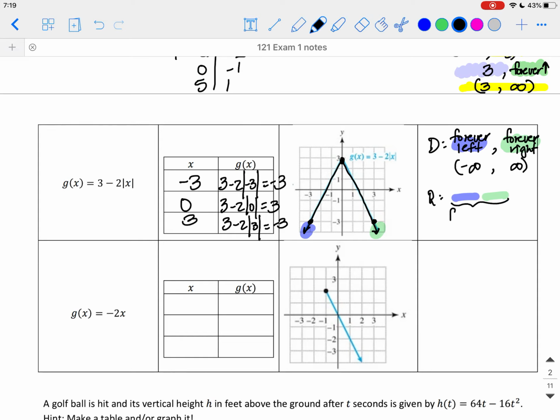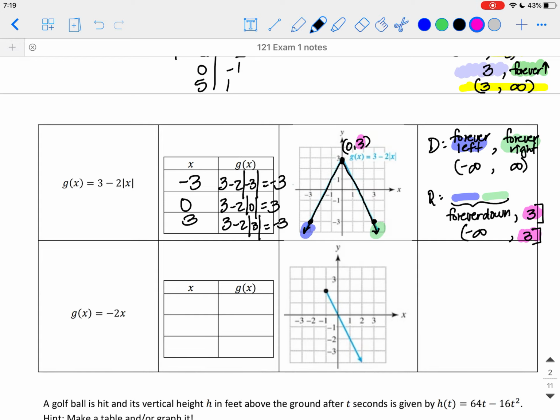Both of these are going forever down. And forever down is negative infinity, comma. And my highest y value, this point right here is 0, 3. And my highest y value is going to be that y value right there. And it is included, it is part of the graph. So negative infinity, comma 3 is your range.